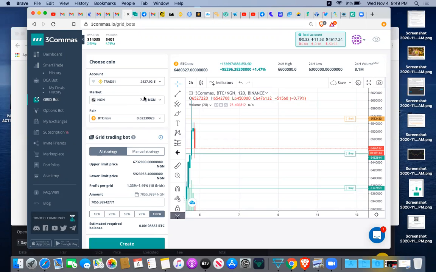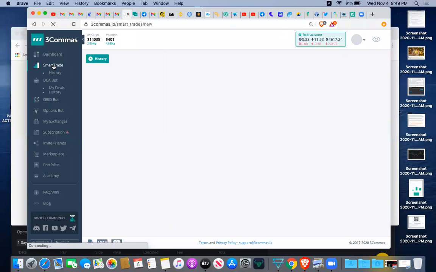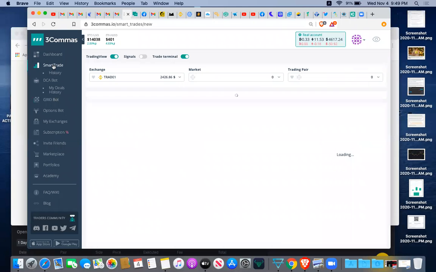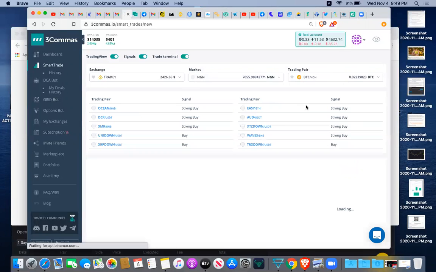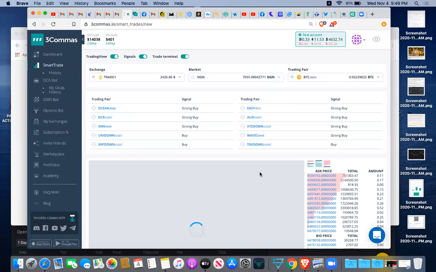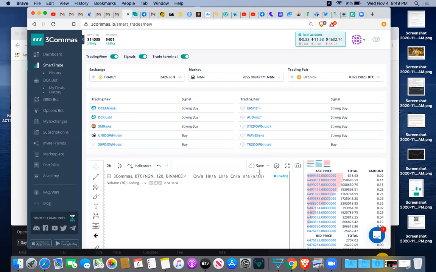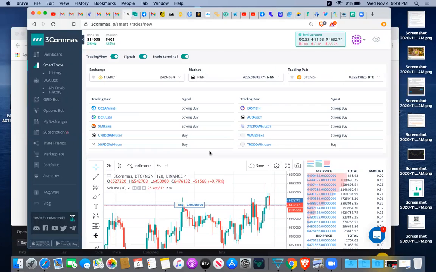So I can decide to say, okay, I want to do a smart trade of BTC NGN at 6.1 million. Just want to use it as an example. So BTC NGN, okay.